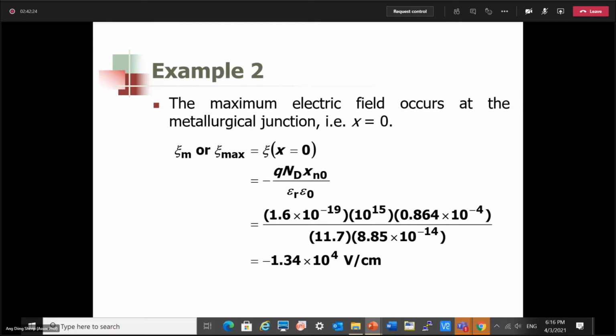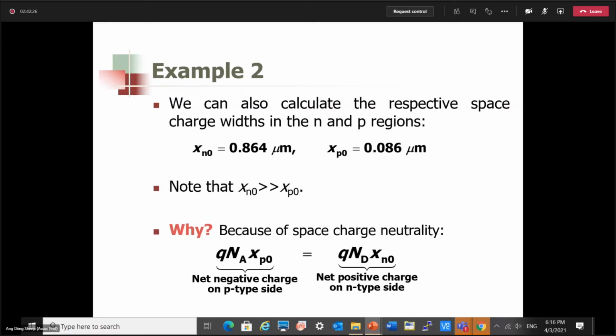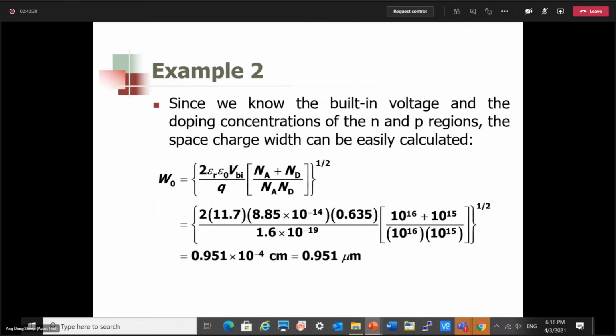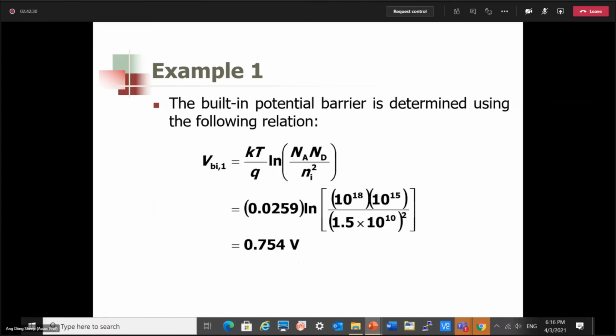By the way, before I leave this discussion on the built-in voltage, let me just remind you that for different semiconductors, although the P and N regions can be doped the same as in another semiconductor, if you change the semiconductor to a different one but keep the doping concentration unchanged, the built-in voltage will change because of the value of ni, which is different for different semiconductors.